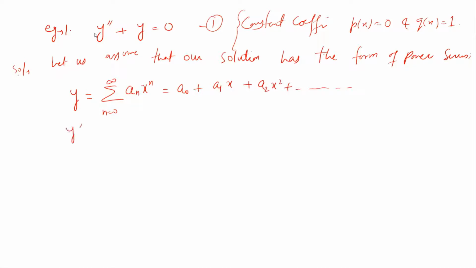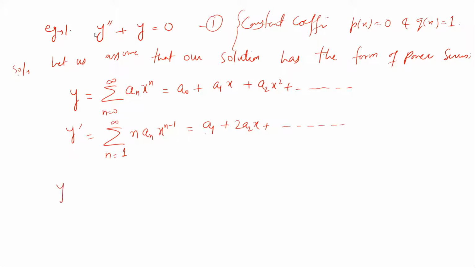And y prime, if we differentiate it, would be n into a n into x to the power n minus 1. When we differentiate it we will not have a naught, so we directly have a1 plus 2 a2 x plus so on, so it starts from n equals 1 to infinity.